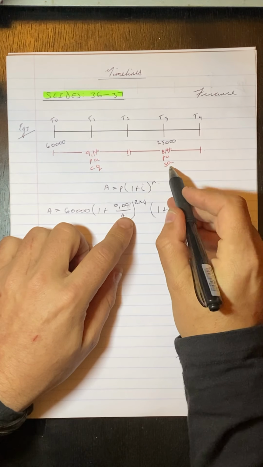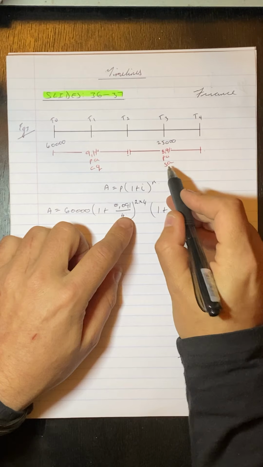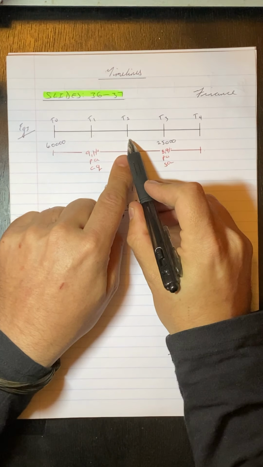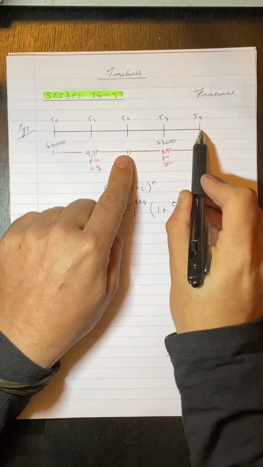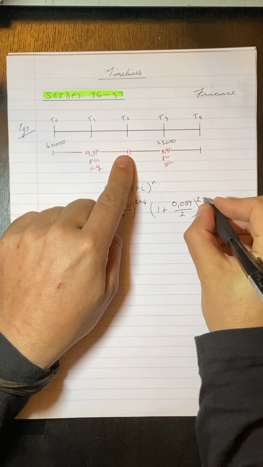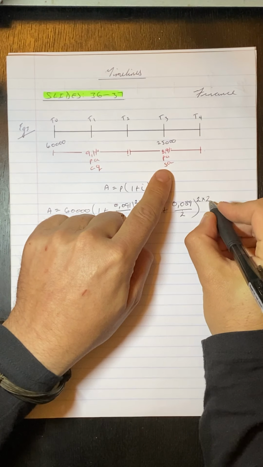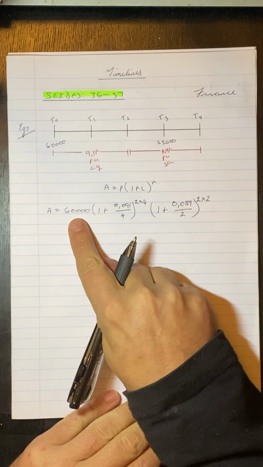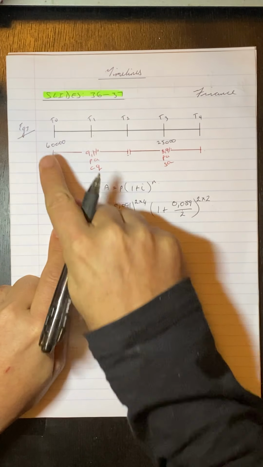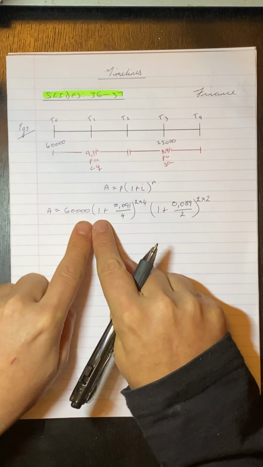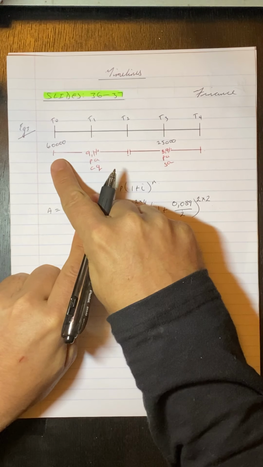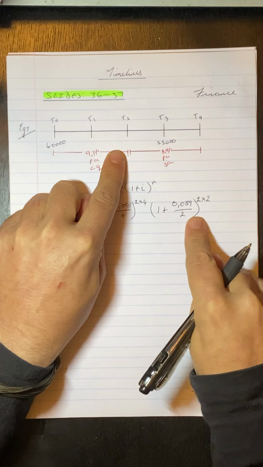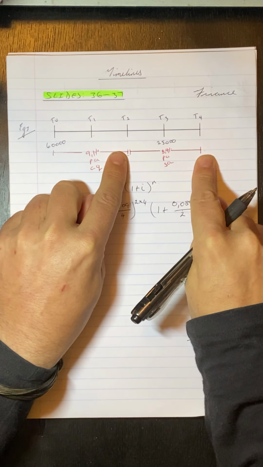We need to divide that by 2, because it's semi-annually. How many time periods is this going on for? 1, 2. So it'll be 2 times 2 for the semi-annual. Let's go through this again. We've got our 60,000, which this person borrowed initially. That is the interest rate for this time period, then it changes, and this part here is the interest rate for that bit there.